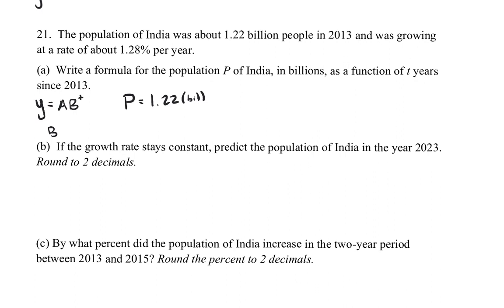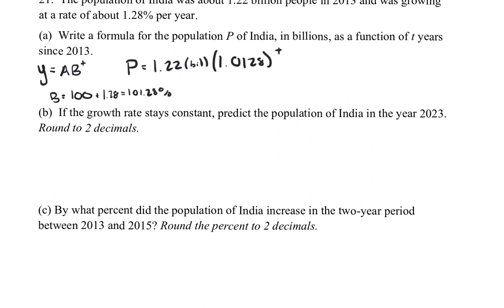So our B is going to be equal to 100 plus our growth rate, since the population is growing, which is 1.28%, which is equal to 101.28%. And so we're going to make that our B value in decimal form, all to the T, to signify the number of years since 2013. All right.